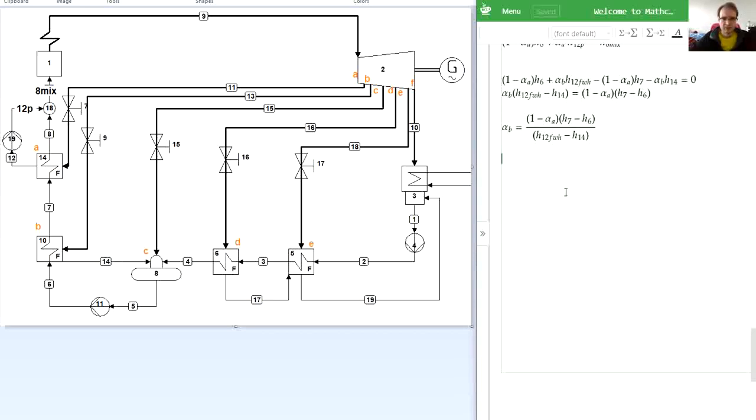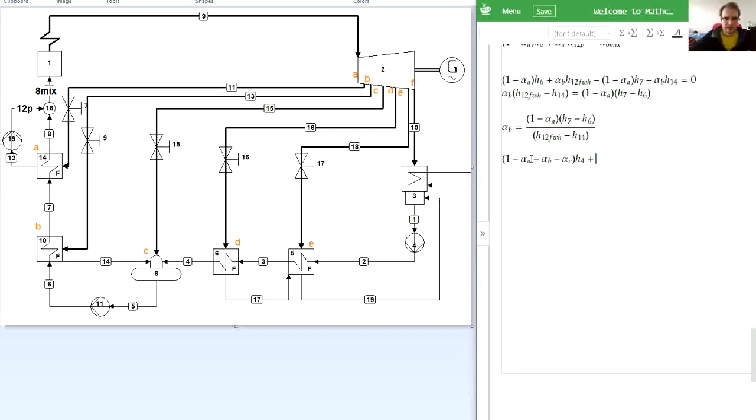So the point 4 will be 1 minus, and now all these three bleeds, so alpha A minus alpha B minus alpha C, times H4.